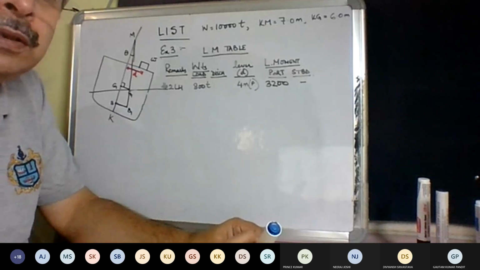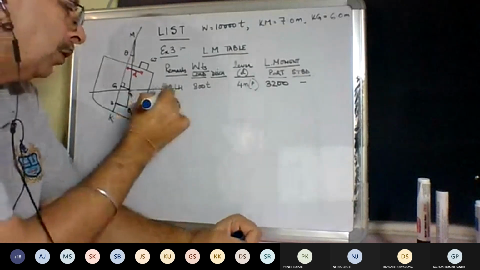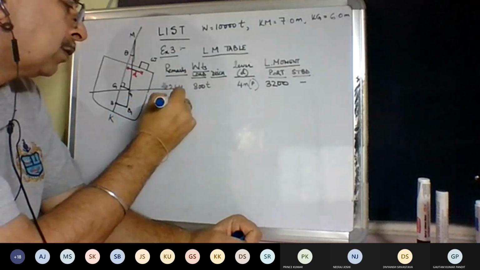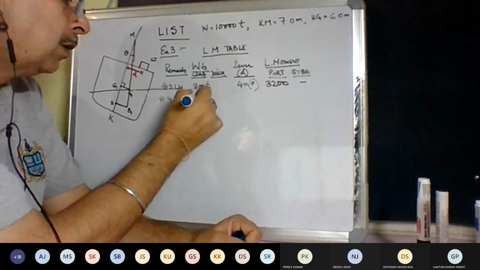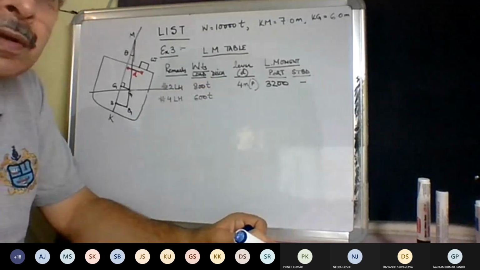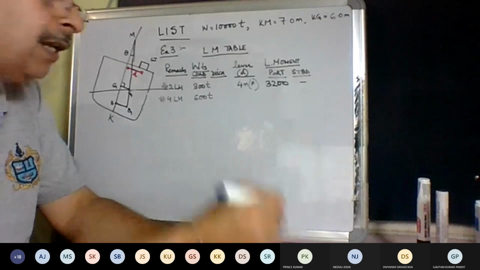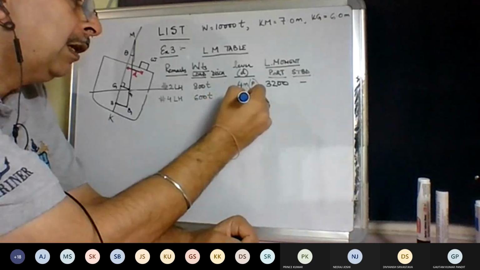Then the next operation is loading of 600 tons in number 4 lower hold. This weight has been loaded 8 meters to starboard of center line.